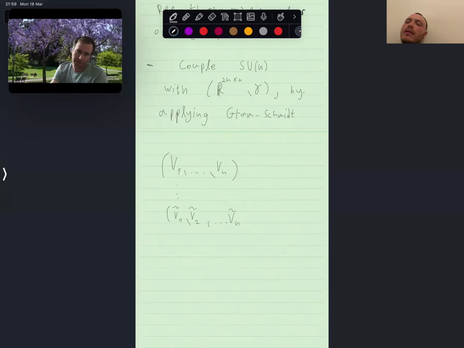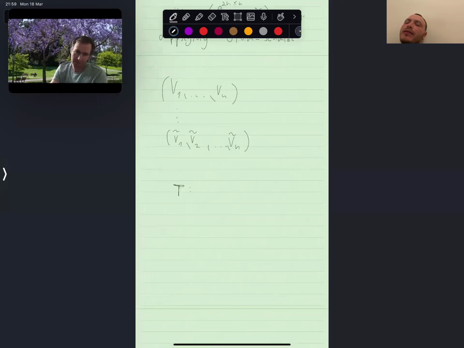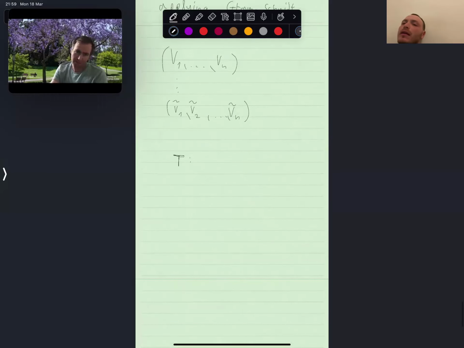And okay, so using this coupling, you have an operator T from L2 of SUN.